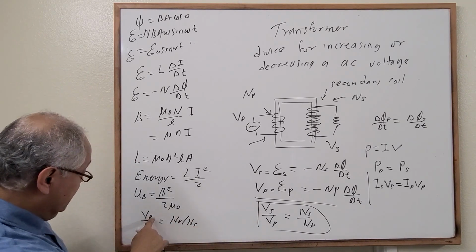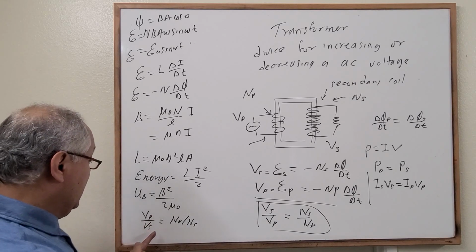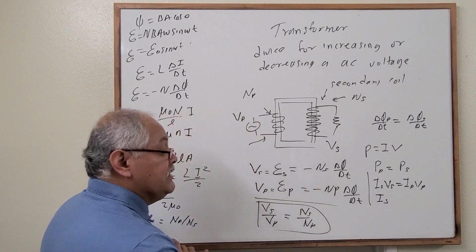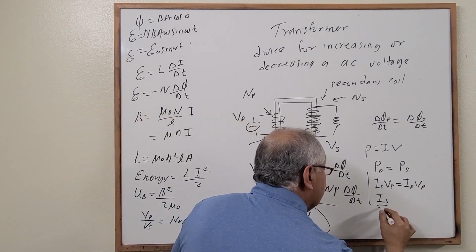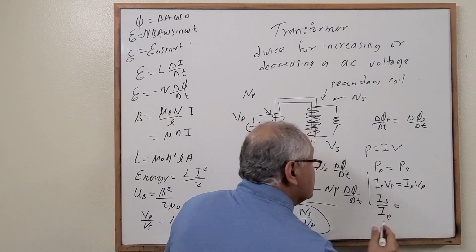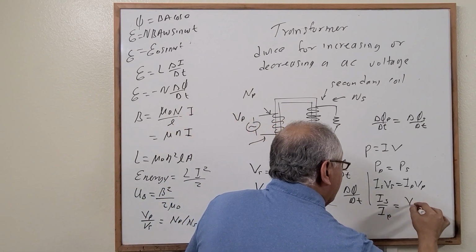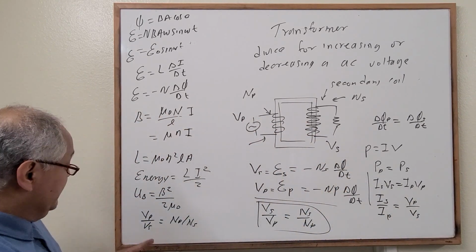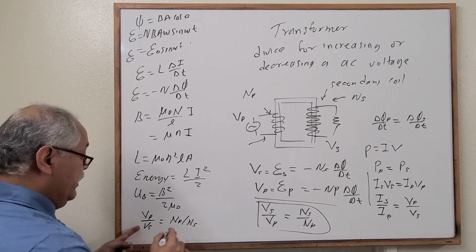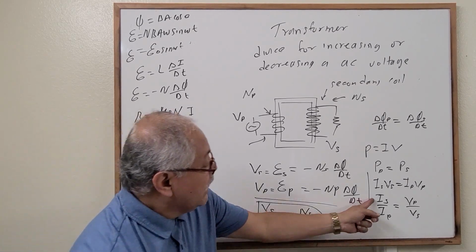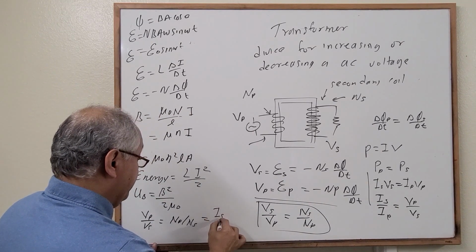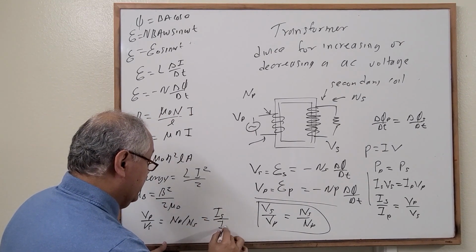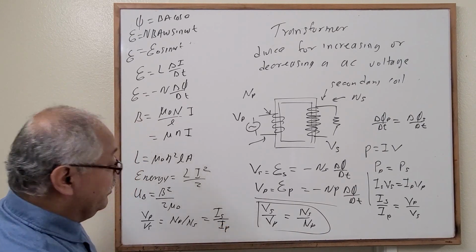We can have the current from the secondary divided by the current from the primary is equal to the voltage primary over voltage secondary, which is the same as this one. So this is also equal to the current in the secondary coil divided by the current in the primary coil.